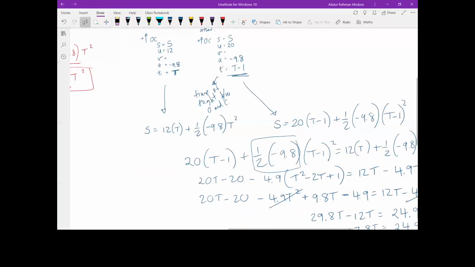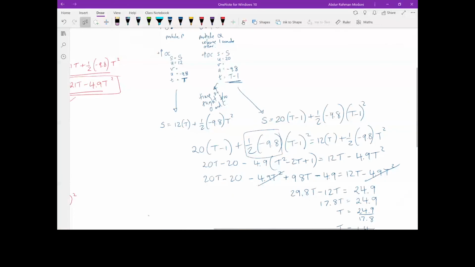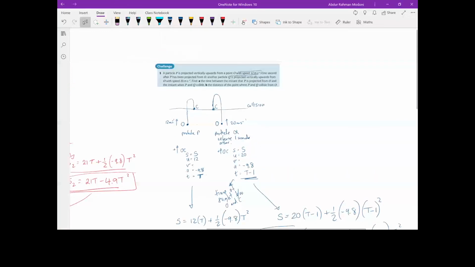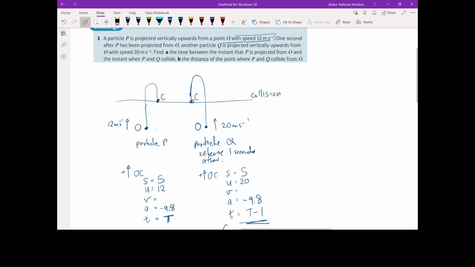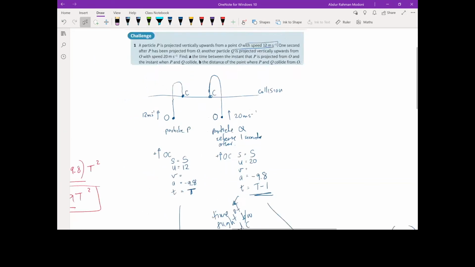So let's go back to the question and make sure we've answered it. Find the time between the instant that particle P is projected from the origin and the instant when P and Q collide. So it's referring to the time of flight for particle P, which is what I've worked out. So that should be fine.